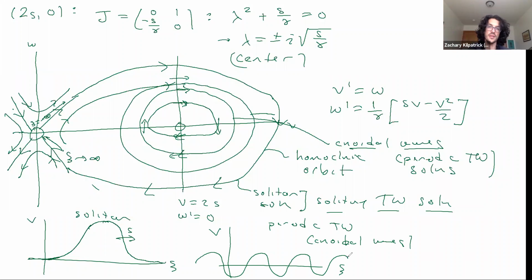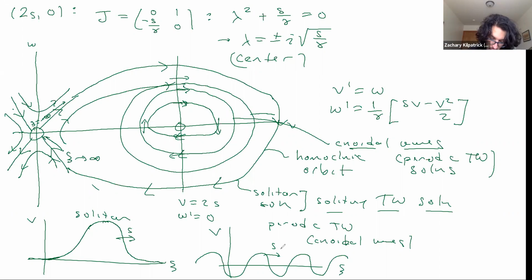Maybe more like these periodic waves that we talked about in the linear analysis, okay? And so those are also going to travel with some velocity that's given by S, the particular parameter that you've used to construct this phase plane. Okay, so they're going to flow to the right as well.